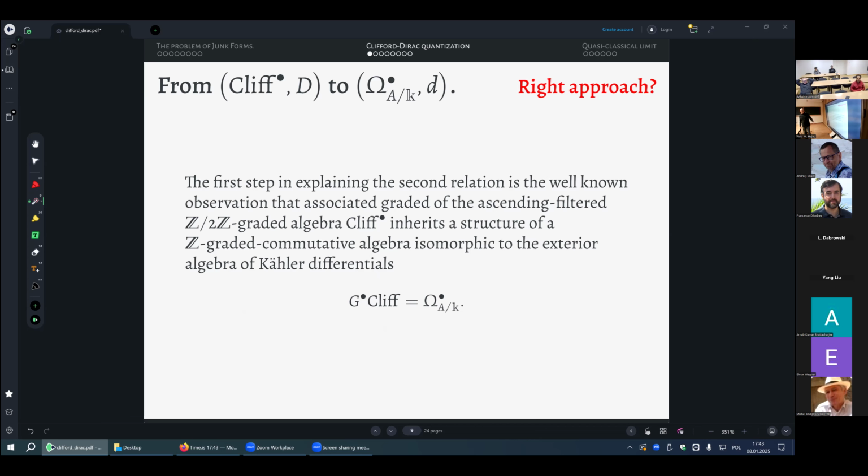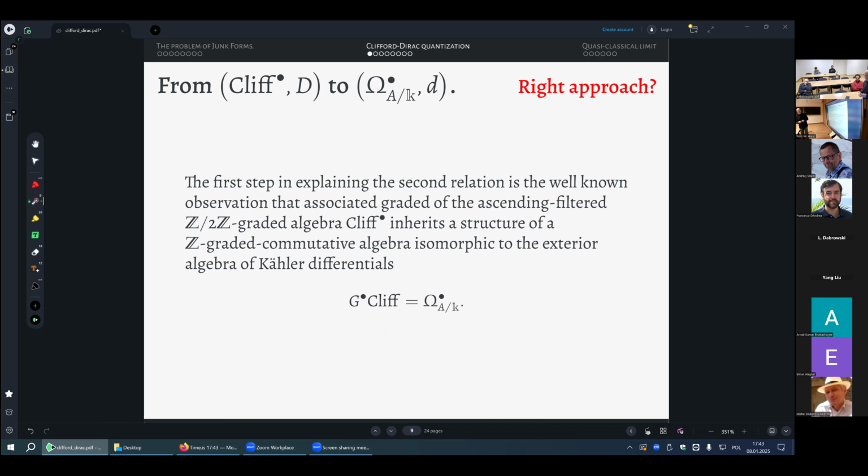So the first step in explaining this relation between this Clifford algebra and the de Rham complex is based on the identification I mentioned: that you can speak about the associated gradient of a filtered algebra. Provided this filtered algebra has a filtration compatible in an appropriate sense with the Z2 grading, its associated gradient is equal to the Z gradient.